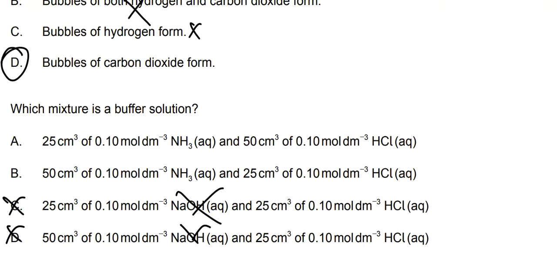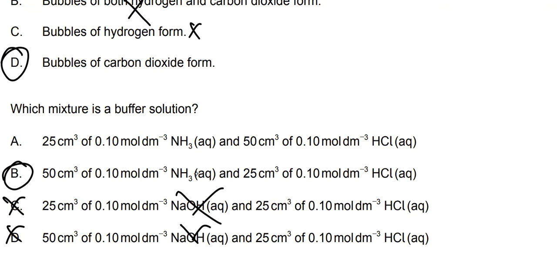hydrochloric acid, and we need to have more of these. Since we have the same concentrations of the two, it's going to be the volume that determines whether partial neutralization occurs. For partial neutralization to occur to form a buffer, we need the weak component to be in excess, which we have in option B, because we have 50 cubic centimeters of 0.1 molar ammonia aqueous solution, whereas we only have 25 cubic centimeters of 0.1 molar hydrochloric acid.